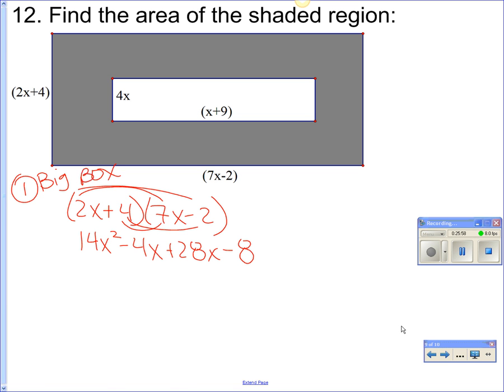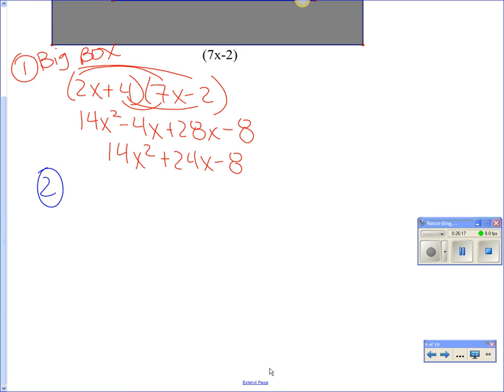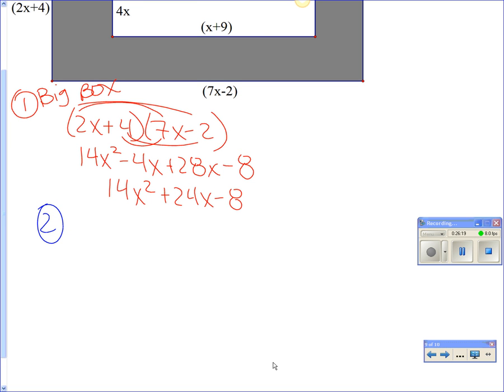Hallie, what would your final answer be for this one? Very good. All right, Riley M., what do you have to do second? Very good. So you got to do the little box. 4x times x plus 9.